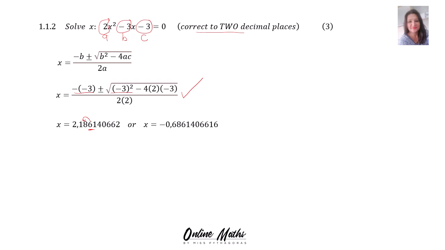You go to the third number, if it is 5 or greater, it's going to change that number. So this is why your answer here is 2,19 or x is minus 0,69. And this is worth a mark because of correct to 2 decimal places.